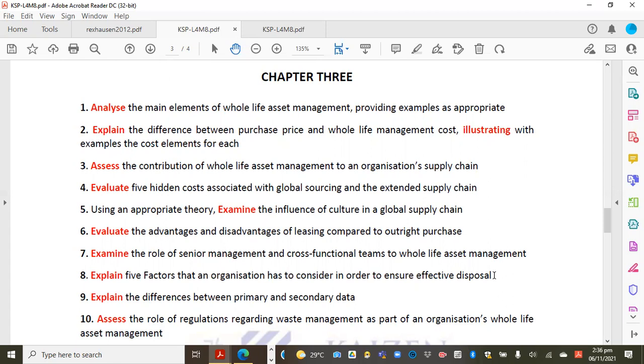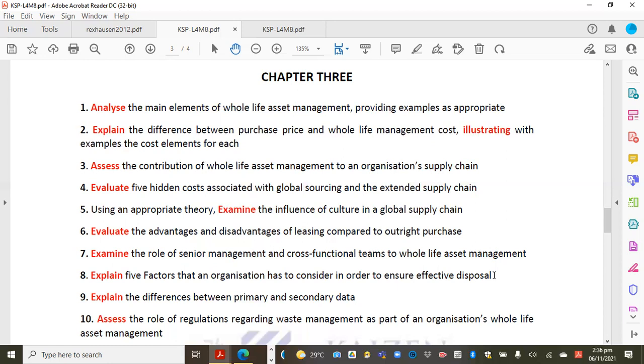Then the transport method. If the supplier who supplied the asset has a reverse logistics capability, then there may be an arrangement for them to come and pick it up, and they will bear the transportation cost. Or you will have to bear the transportation cost if you have to have the asset delivered to the manufacturer.